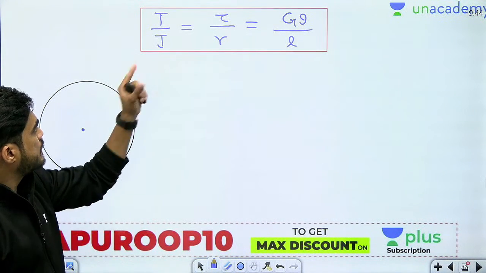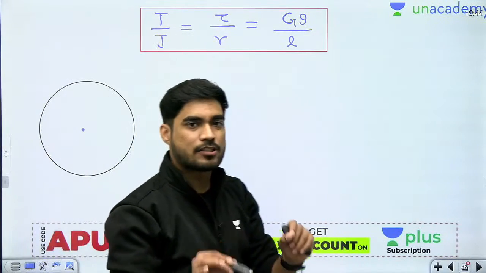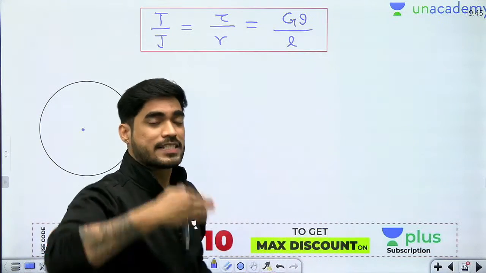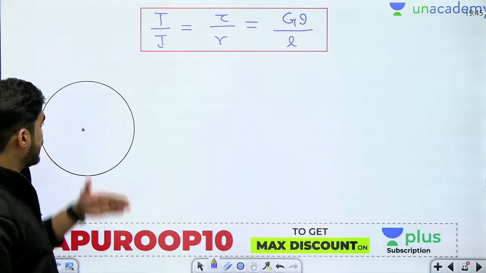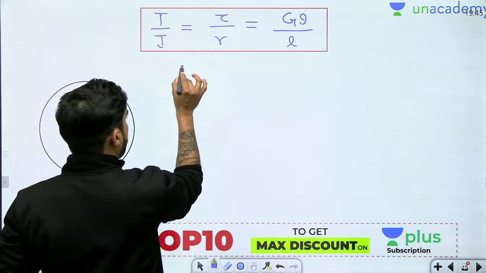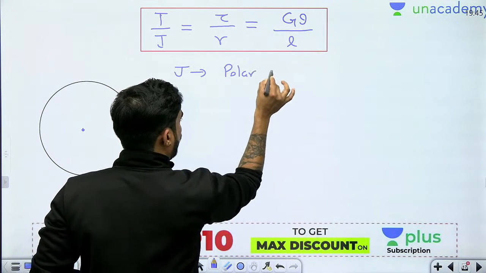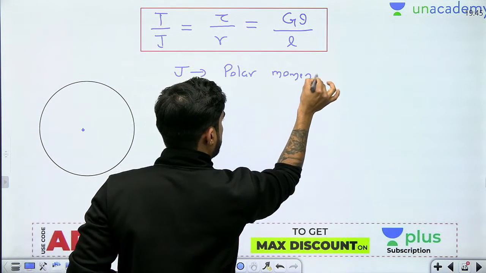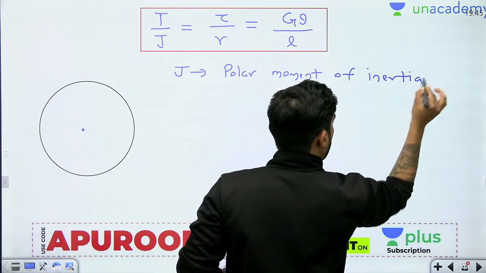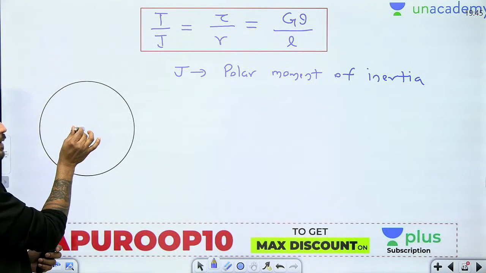Okay, now first of all T is what? T जो है वो internal torque है. T is the internal torque. Okay, how much internal torque is resisted by this cross section? Now what is J? J is a very important term which is the polar moment of inertia. अब पोलर मोमेंट ऑफ इनर्शिया क्या होता है मेरे भाई? Polar moment of inertia means moment of inertia about this normal axis.